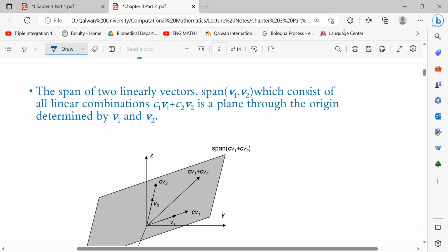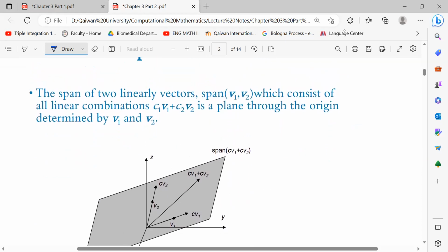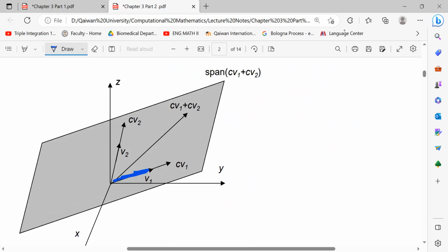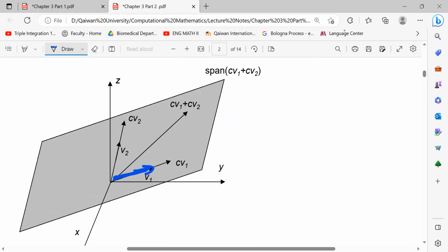The span of two vectors is a plane. As you see, if we have v1 and v2, these two vectors, cv1 is up to here, cv2 is up to here.